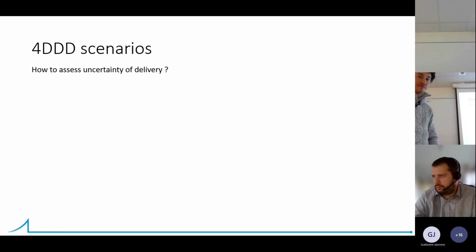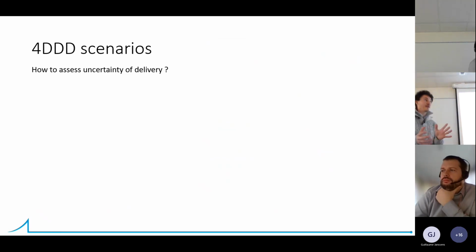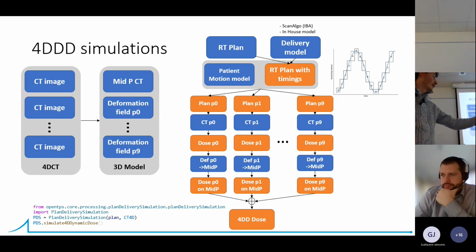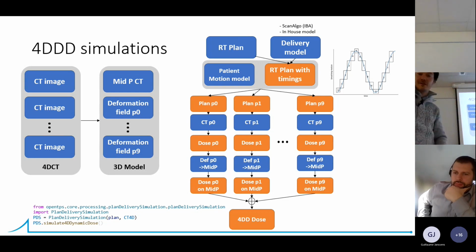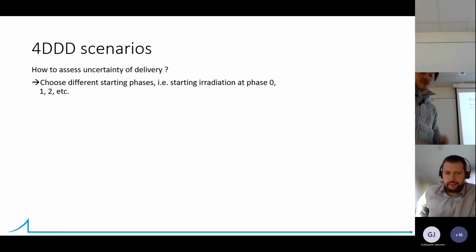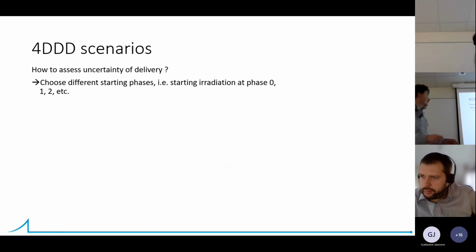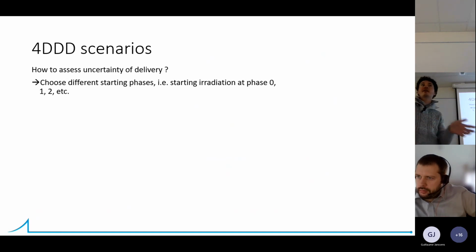Now, what about different kinds of scenarios? Because what we saw in the previous slide is just one possibility. You have multiple possible 4D doses. An easy way to assess different dynamic doses is to start the delivery at a different phase each time.